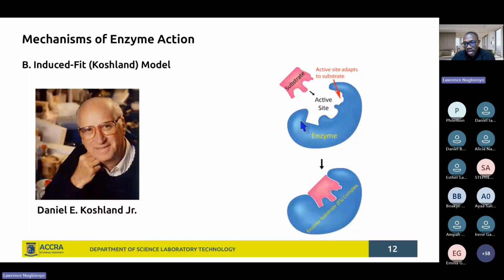So on the right-hand side, you are seeing an enzyme with some active sites, not really fit to the substrate, but this active site is adaptable. It is flexible, so that it is rather the substrate that induces the fitness of the enzyme to it.